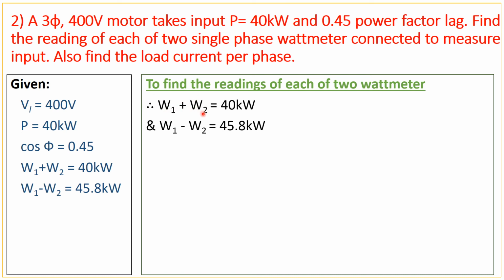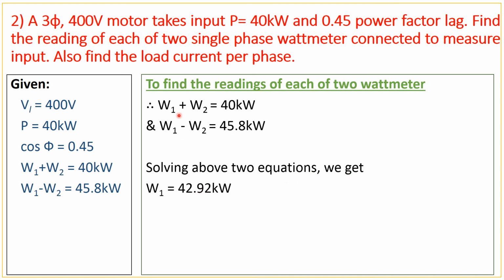I have W1 plus W2, I have W1 minus W2. So two equations, two unknowns. Solving the above two equations with the calculator, we get W1 is equal to 42.92 kilowatt and W2 is equal to minus 2.92 kilowatt. So these two are the final answers.